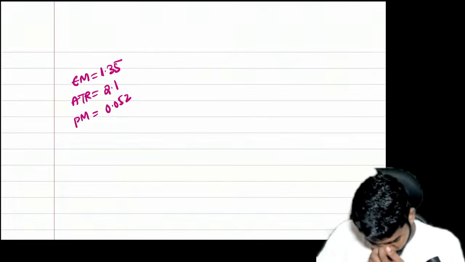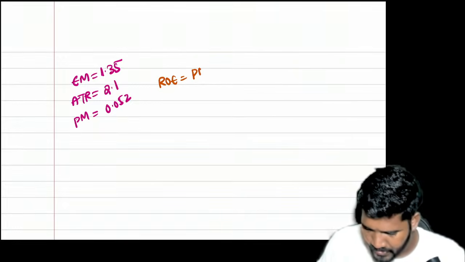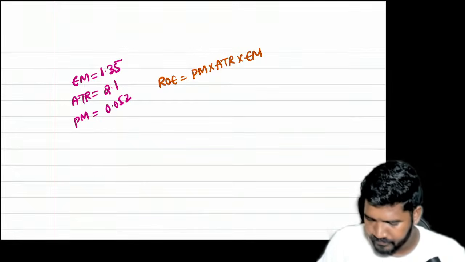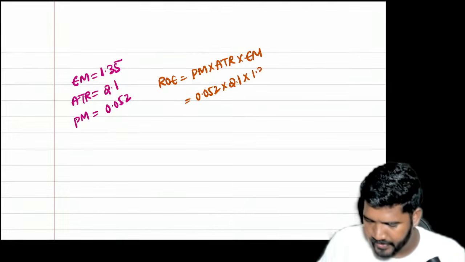Now we know return on equity as per DuPont analysis is profit margin into asset turnover ratio into equity multiplier. So profit margin 0.052 into asset turnover ratio 2.1 into 1.35.